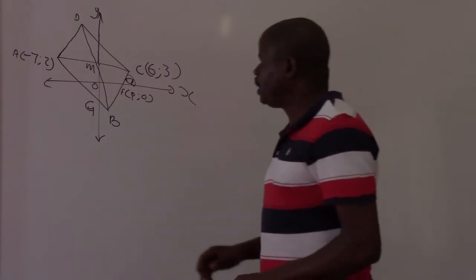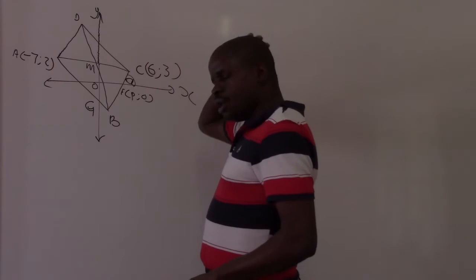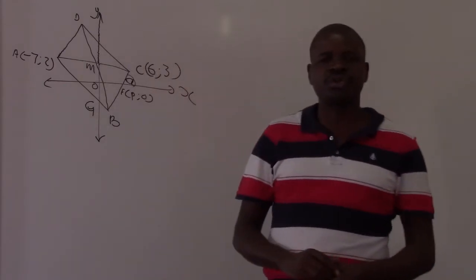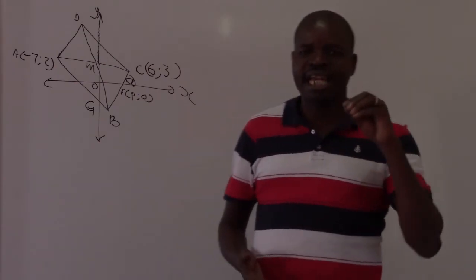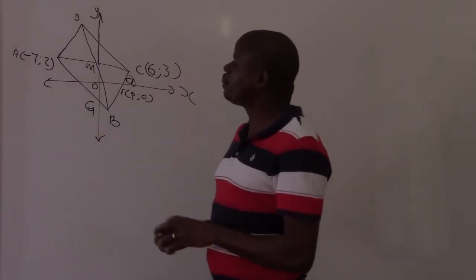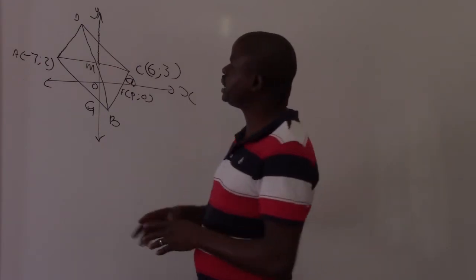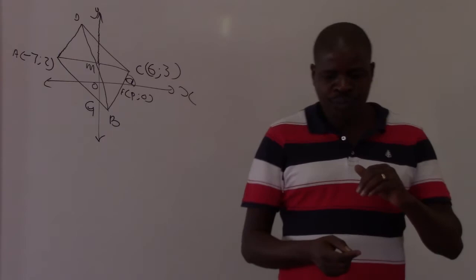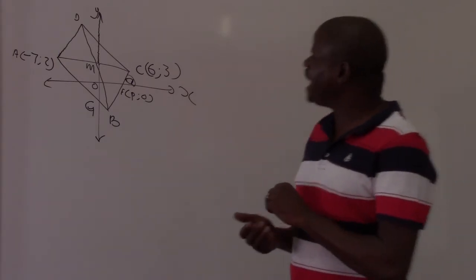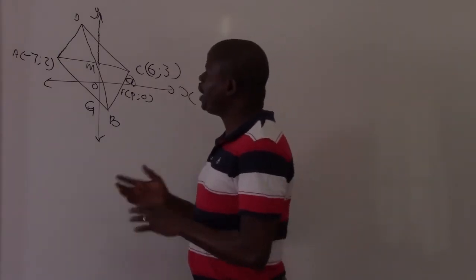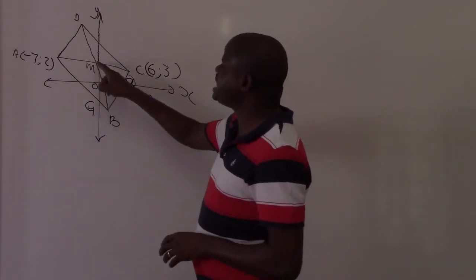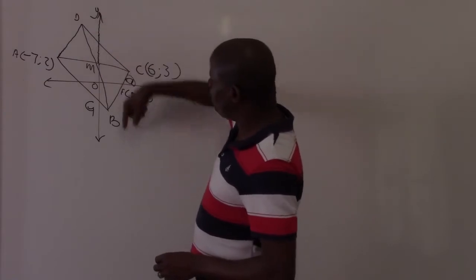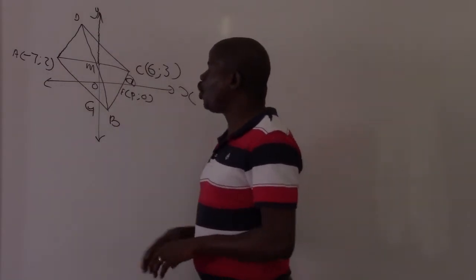But if you know the properties of polygons, and here they told you it is a rectangle, you will know that the diagonals always bisect each other. When they bisect each other, it means that they intersect at their midpoint. So it's the midpoint of BD and also the midpoint of AC.